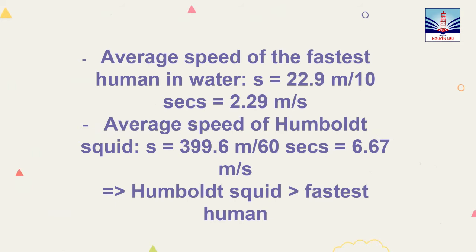The average speed of the fastest human in water is 2.29 meters per second, and the average speed of the Humboldt squid is 6.67 meters per second. So the Humboldt squid is faster than the human.